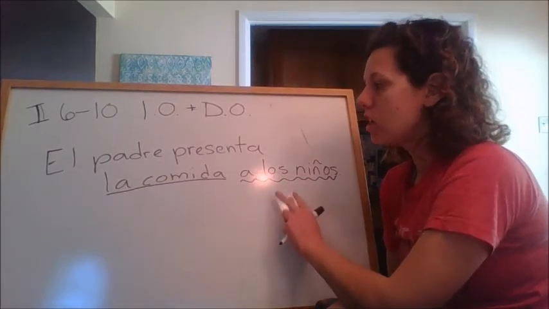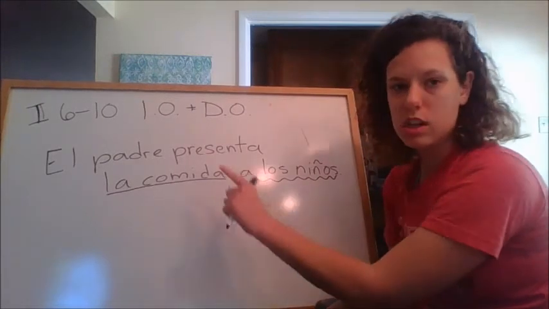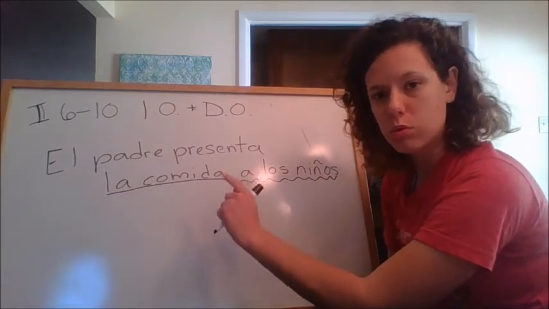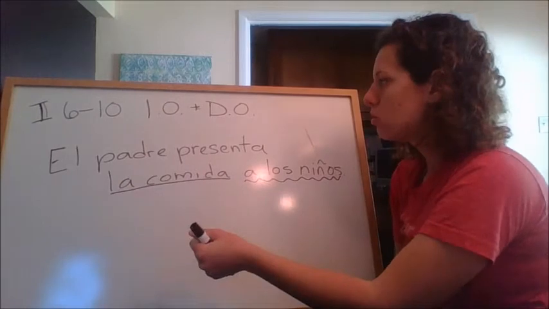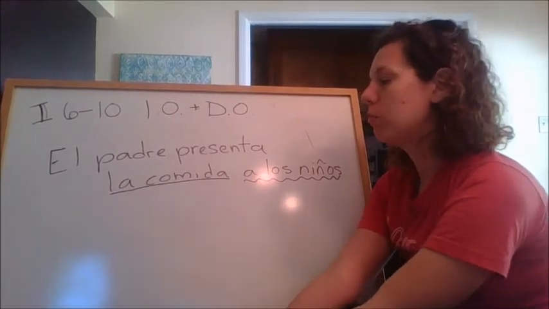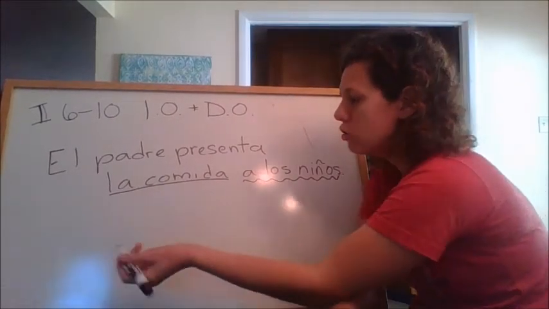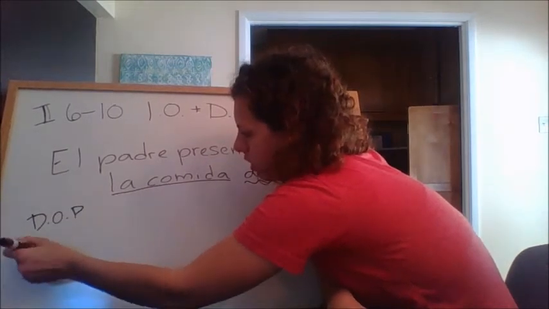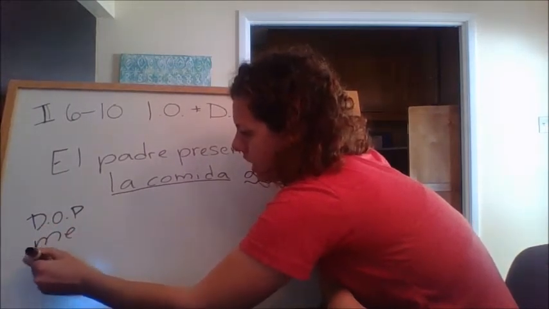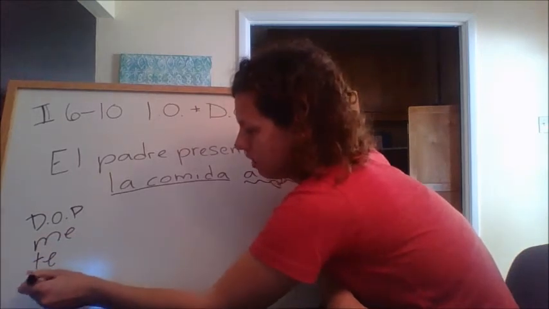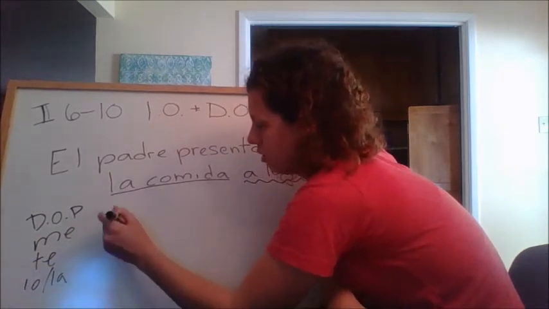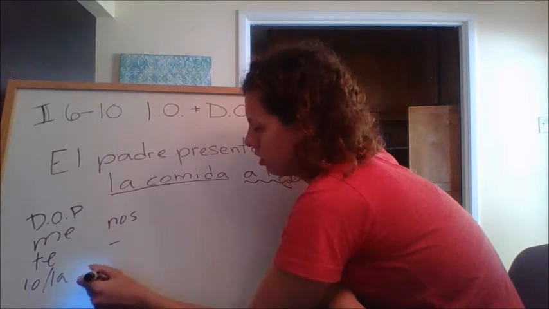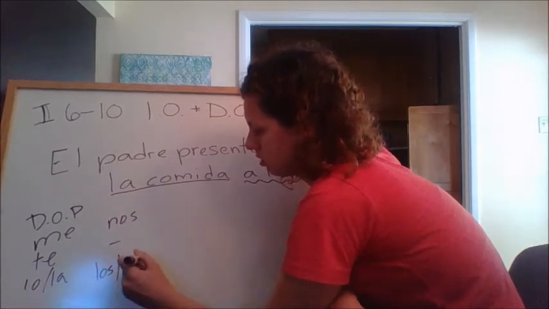And then not only that, but you have to decide where it goes in the sentence because remember that there are rules as to where they go. So let's start out deciding what our pronoun is going to be. So the direct object pronouns are me, te, lo, la, nos, los, las. Okay.